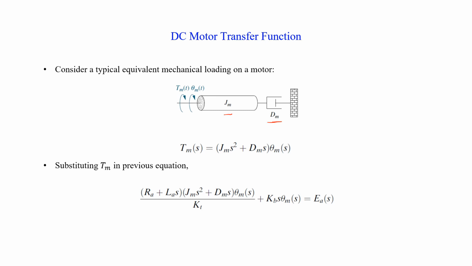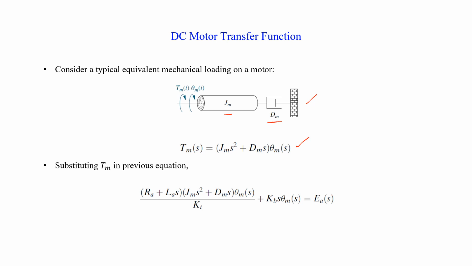Similarly, the damper is also the combination of the damper at the armature side as well as the damper at the load side. If we convert this load into its equivalent Laplace domain and write it in equation form, we can get this equation easily.